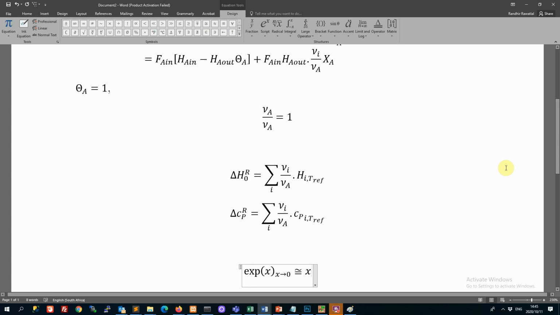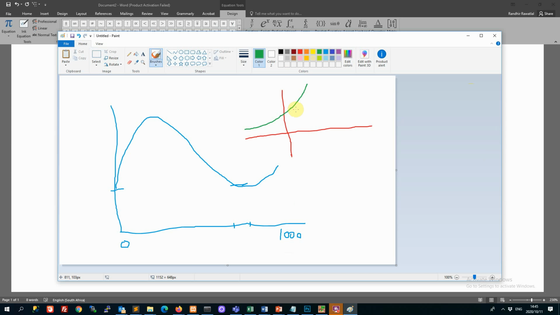So you can have a look here with the exponential function and use the fact, remember, that when x equals 0, exp of 0 is 1. So the gradient here is 1. So as long as you stay at close values to 0, your gradient is 1, which means the derivative here, which is exp of x itself, is equal to 1.